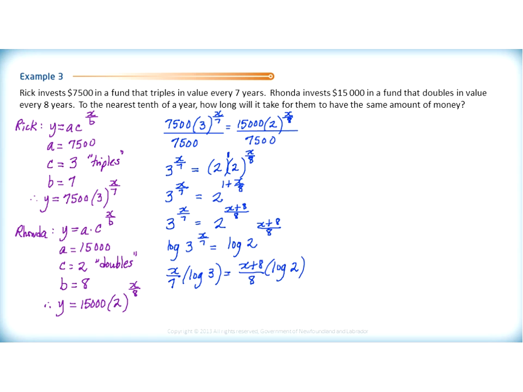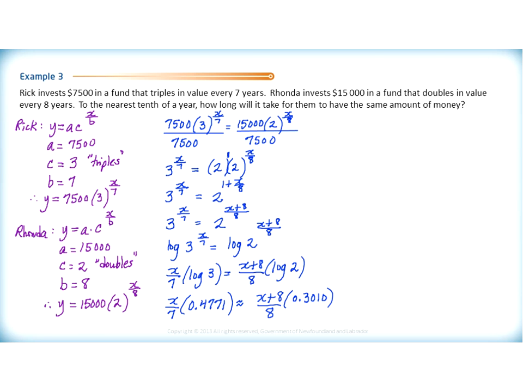We can calculate the log of 3 and the log of 2 using our calculators. So we have x over 7 multiplied by 0.4771 will approximately equal x plus 8 over 8 multiplied by 0.3010. So now we can multiply that out.